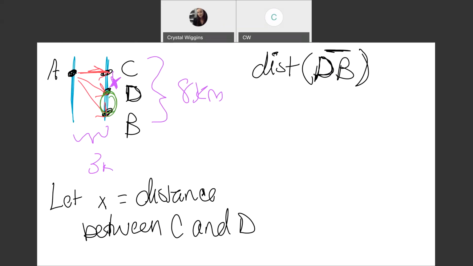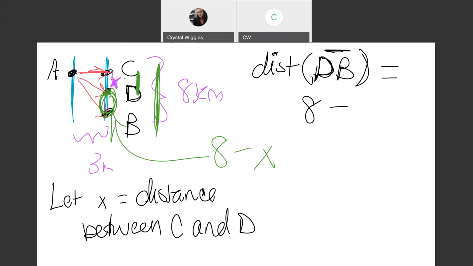Well, if we know the full distance down the river is 8, and the distance between C and D is X, then this distance left would be the total distance, minus X, the distance between C and D. So the distance between D and B would be 8 minus X. The total distance, subtract the distance between C and D.